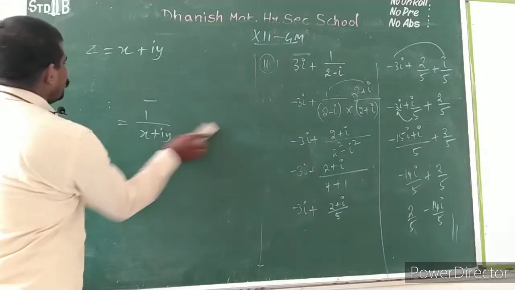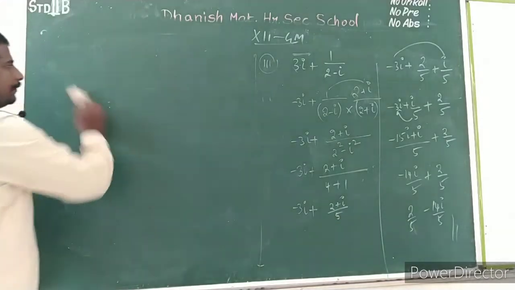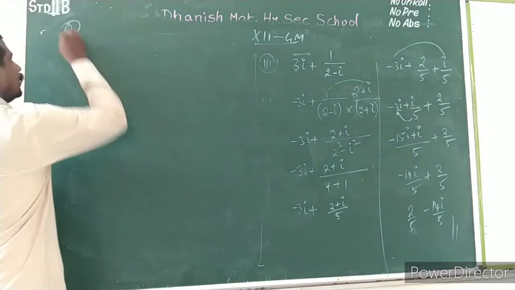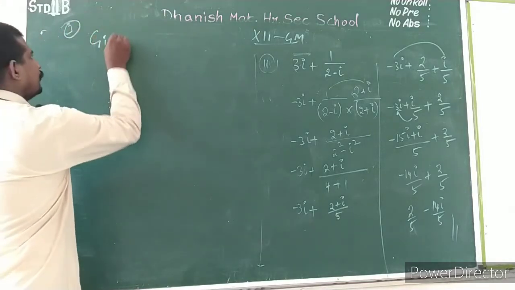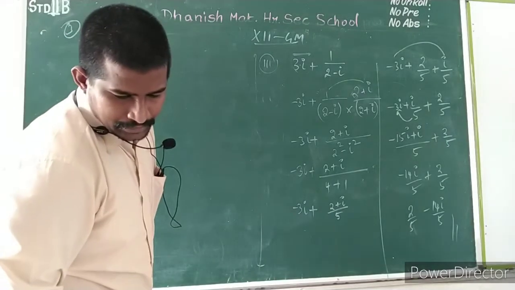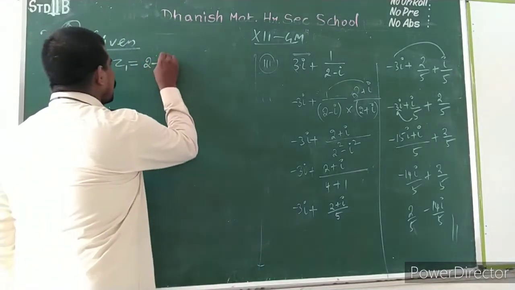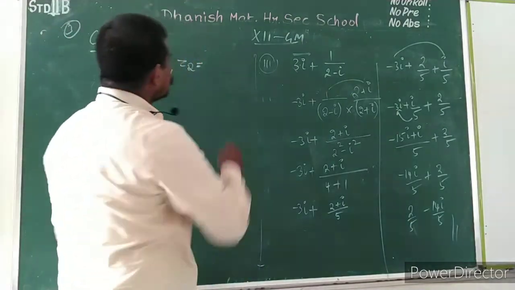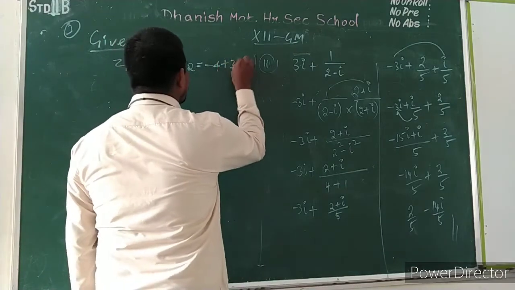Similarly, we are going to find the inverse for the given term. Here I am going to write the given terms. Here we have z1 and z2. z1 equal to 2 minus i, z2 equal to minus 4 plus 3i.